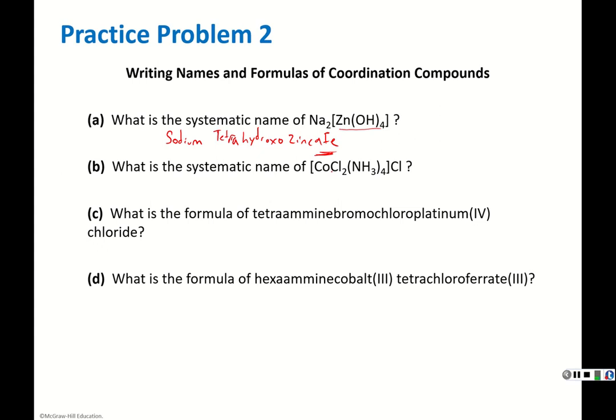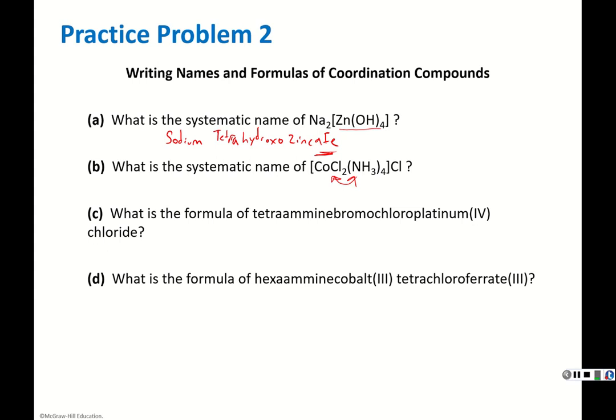Now our complex ion in part B is a cation, so it comes first. And again, this is the one that I believe is a typo on these slides. The neutral ligand should go first, I believe. And definitely when we're writing it out, it's in alphabetical order.